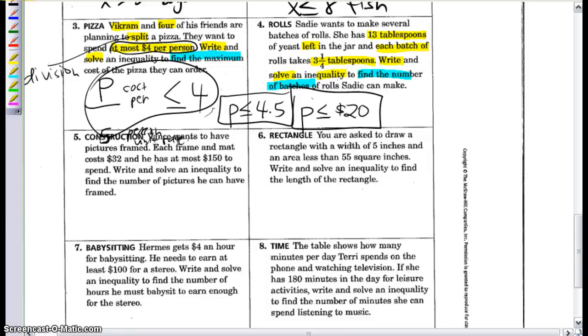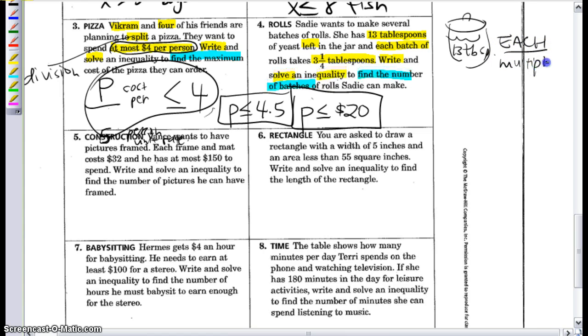If I'm just going to draw a jar to help us, the jar has got 13 tablespoons in it of the yeast. So to make a batch of rolls, we need 3 1/4 tablespoon each. Remember, the key word is each. Each means multiplying.